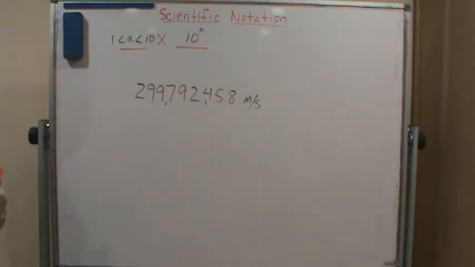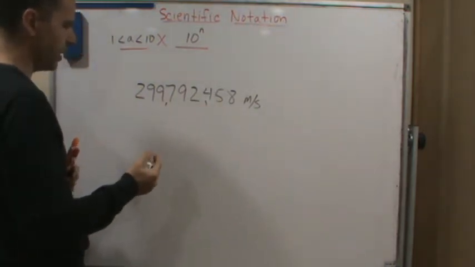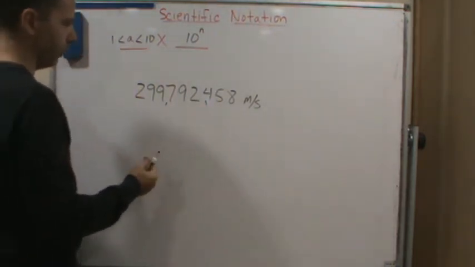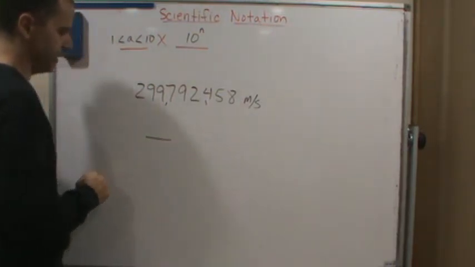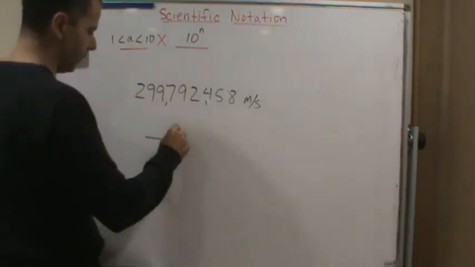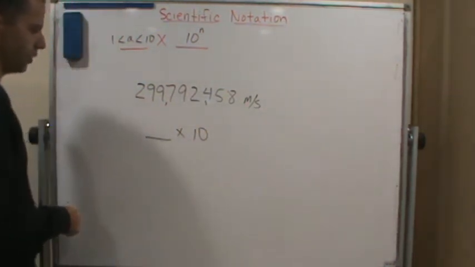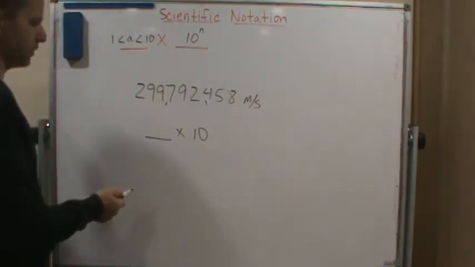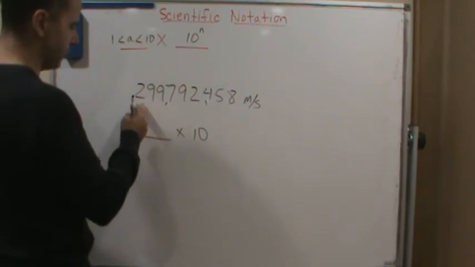If I wanted to write this in scientific notation, I need to write the first number as a number between 1 and 10, times 10 to a certain power. Let's say I want to round this to 300 million.